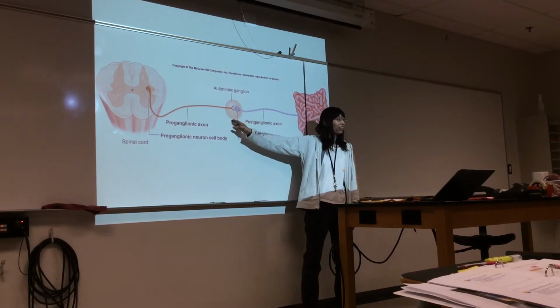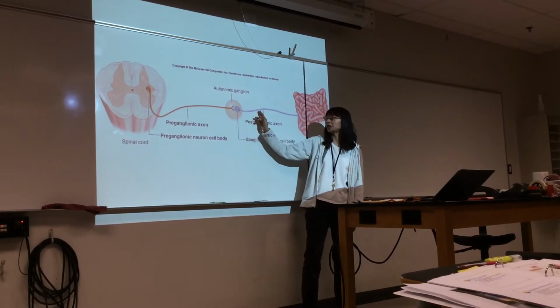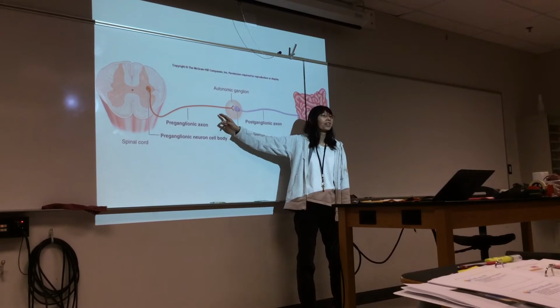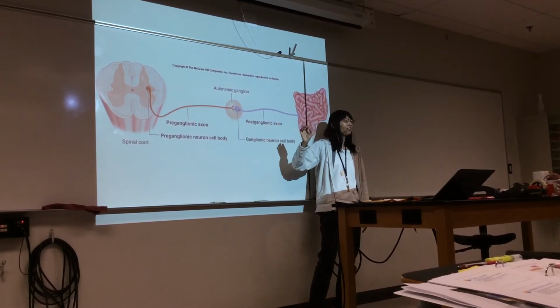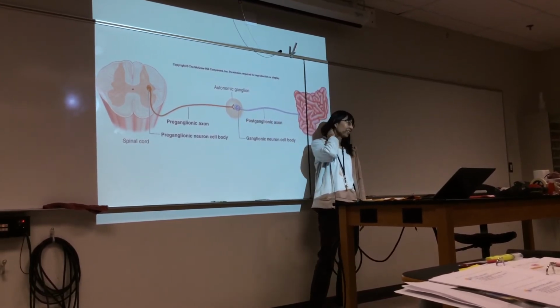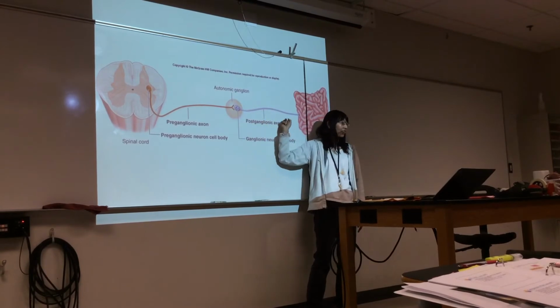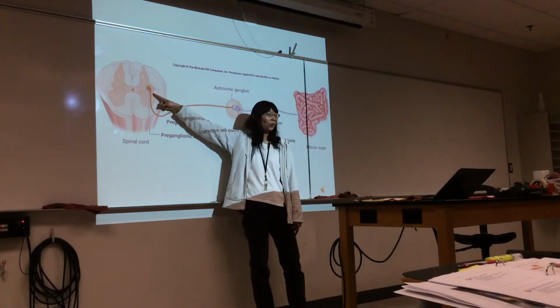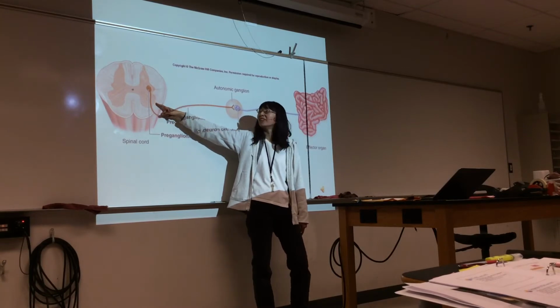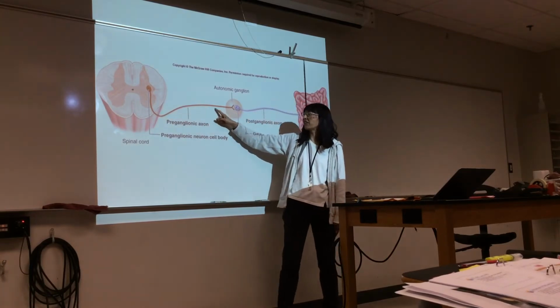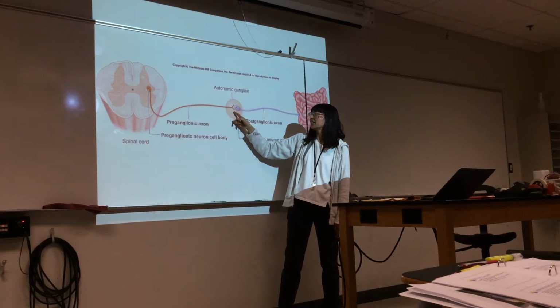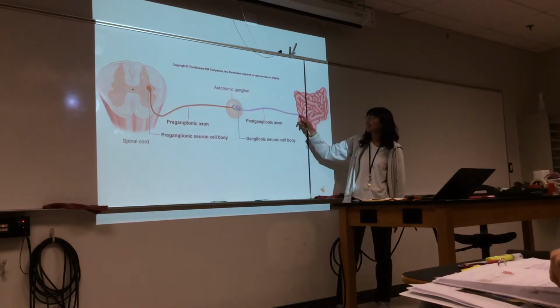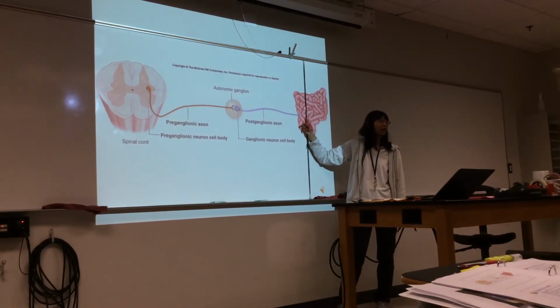And because there's a ganglion, you need how many neurons? Two. And this coming in, is this efferent? Is this afferent? Efferent is coming out, right? It's coming out. Could this be the lateral horn? Yeah. So lateral horn, efferent, ganglion, synapse, a second neuron to the target, which is what?